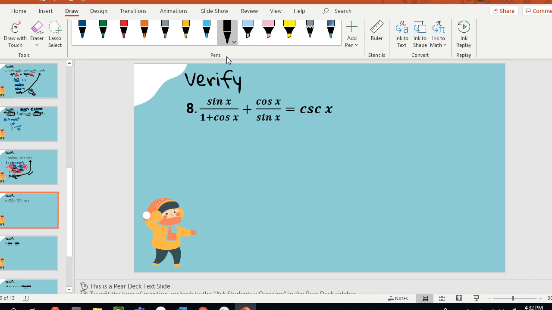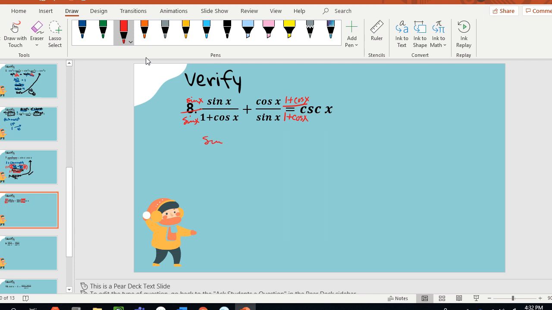Okay, so this one I have, let's see, definitely the left side is more complicated. Right away, I see that I need to have a common denominator because I can't add these or do anything to it. So sine x over sine x, sorry, the trash can is rolling down here. 1 plus cosine x over 1 plus cosine x.